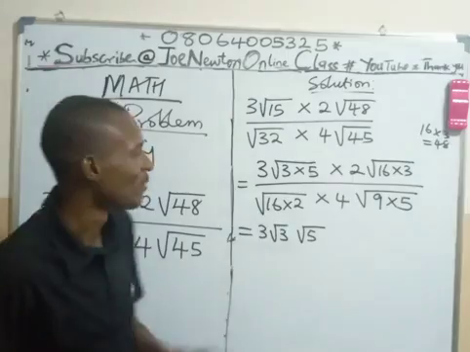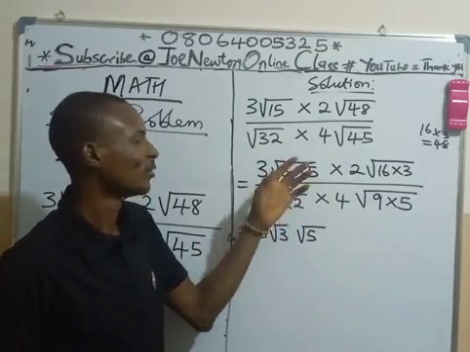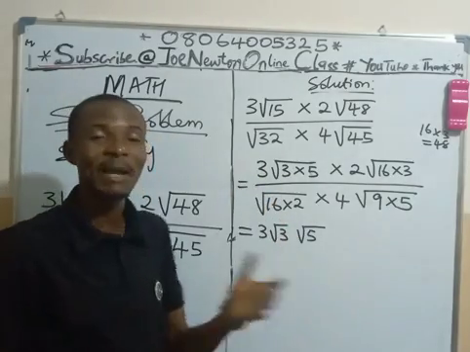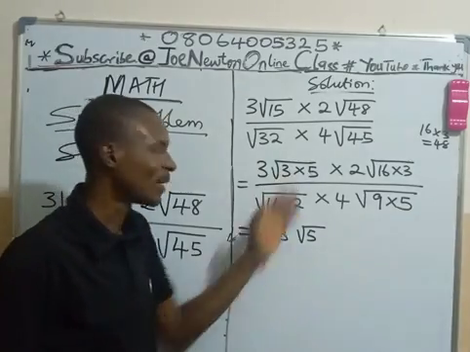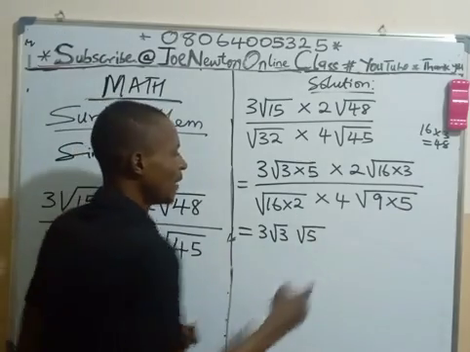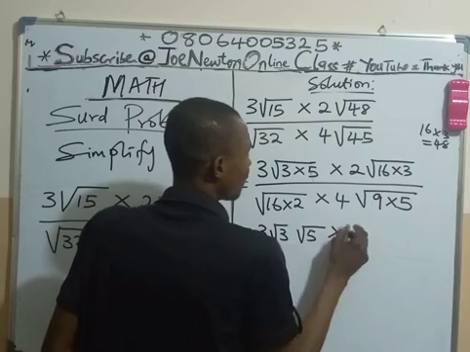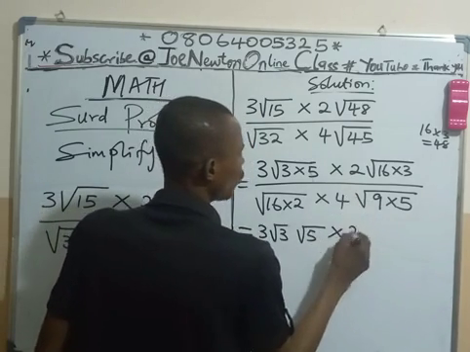Can you see? Because root 3 times 5 is root 15. And by the rule of surds, it can be separated to become root 3 times root 5. It's the same thing. Okay. Times 4.